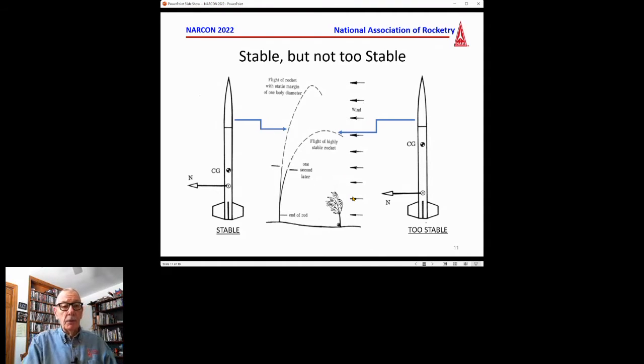Yeah, you want your rocket to be stable, but there's such a thing as too much stability, and I can't emphasize that enough. Typically, adequate stability is about 1 body diameter between the center of gravity and the center of pressure. That gives you enough margin. It's called the static margin, that distance between the center of gravity and the center of pressure.